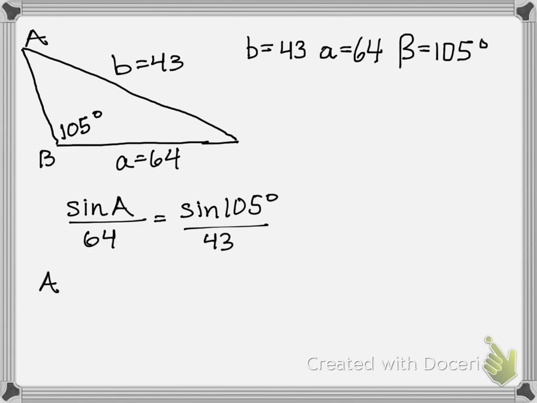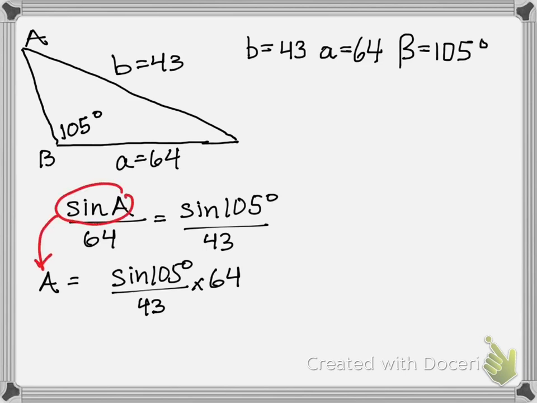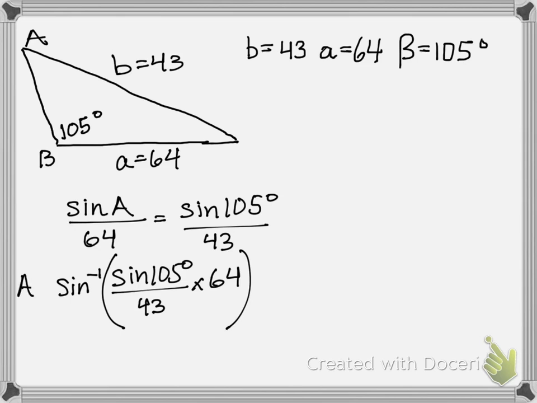Okay, so that'll be A is equal to sine 105 degrees divided by 43, then multiplied by the 64. And to solve for A, so that I isolate A, I'm going to have to do the inverse sine. So I actually want to give myself a little space here. I'm going to do the inverse sine of this, and that's what A is equal to.